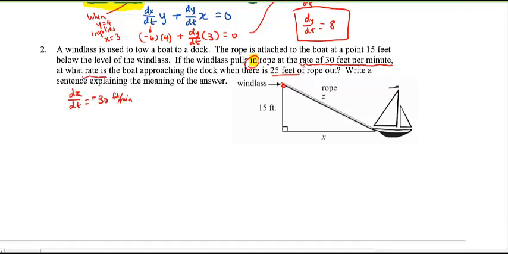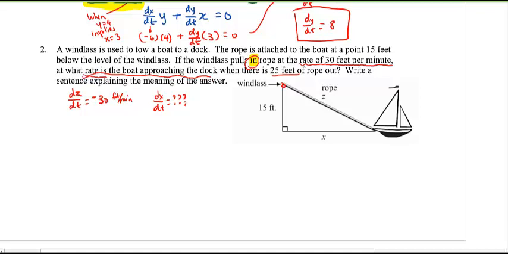Okay, now this is the rate, and it says at what rate is the boat approaching the dock. So what is this looking at in terms of my variables? The rate the boat is approaching the dock is dx/dt. So I want to find out dx/dt. But when?